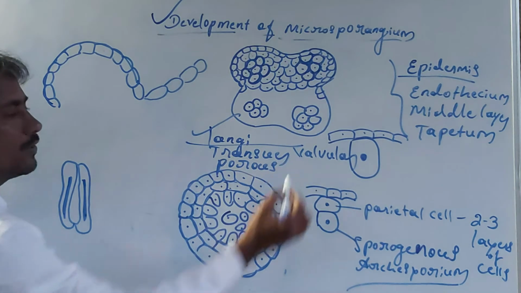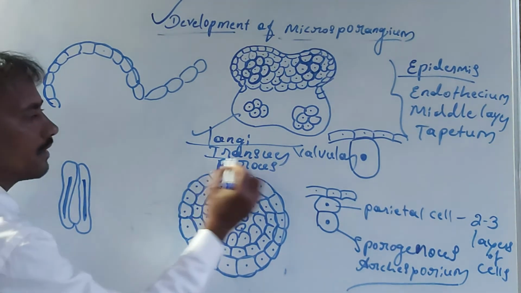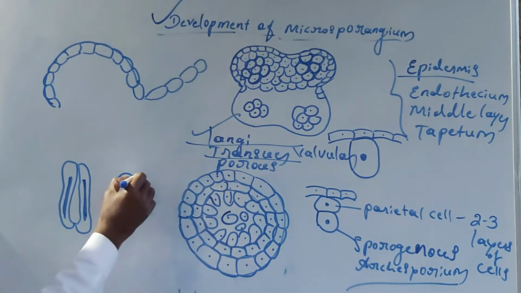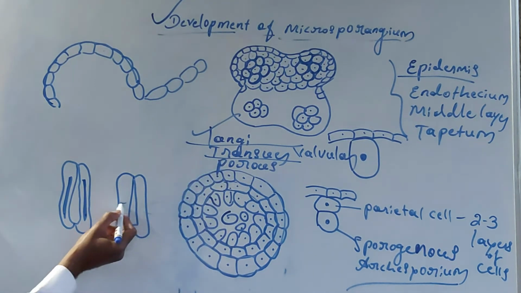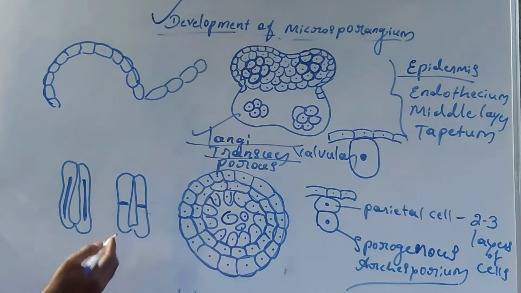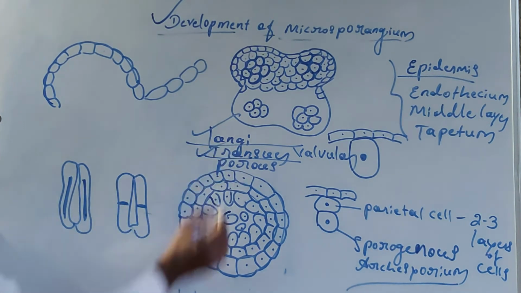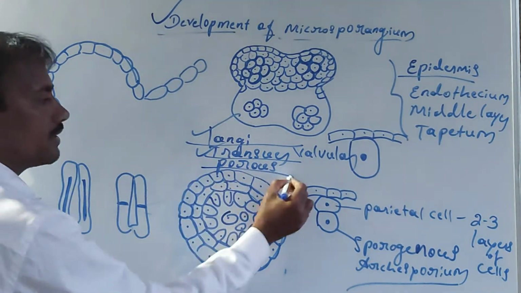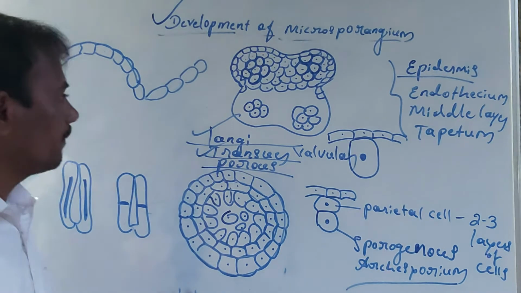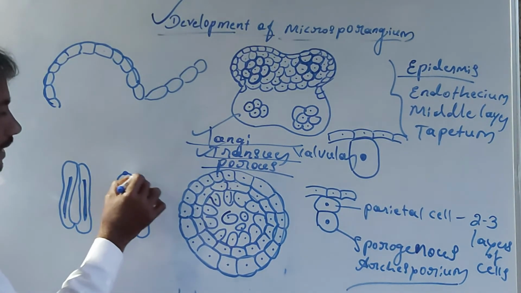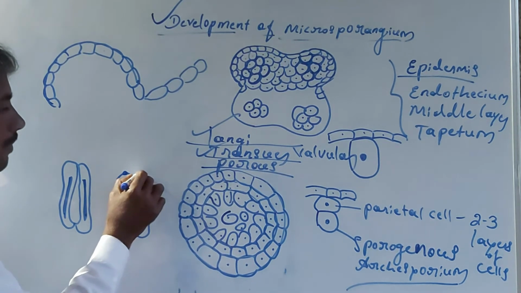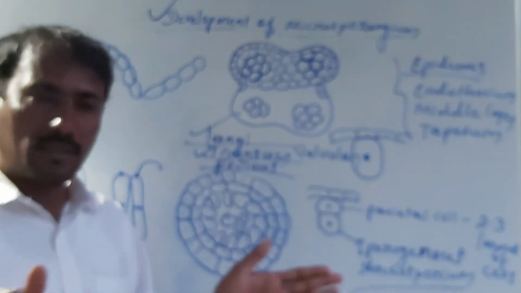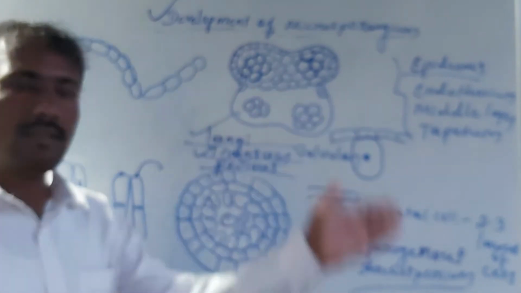In transverse dehiscence, transverse slits are formed across the lobes. In the porous type, two small pores are formed at the tip of the anther lobes, and through these pores the pollen grains are released.